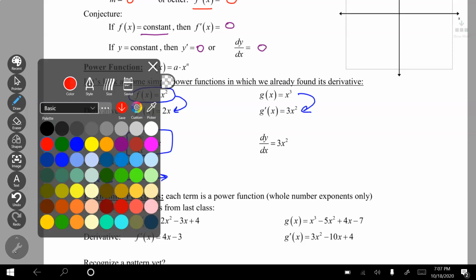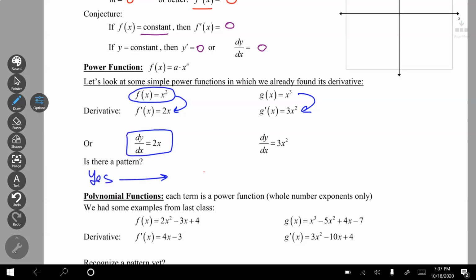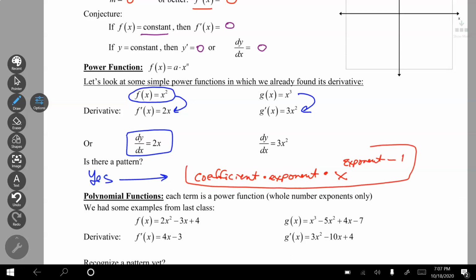And I hope you're going to see this pattern. It's going to be the coefficient up front times the exponent times x raised to the exponent minus 1. This is the pattern we're going to see every single time.